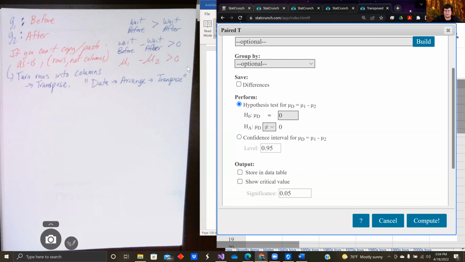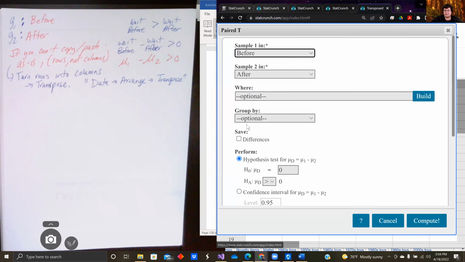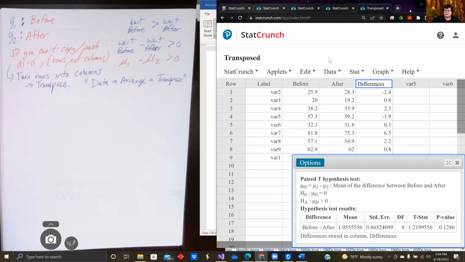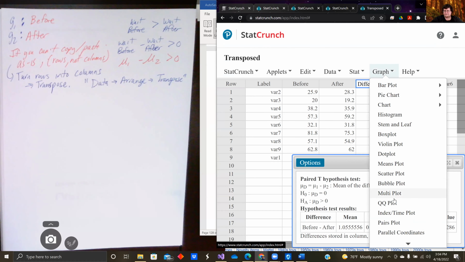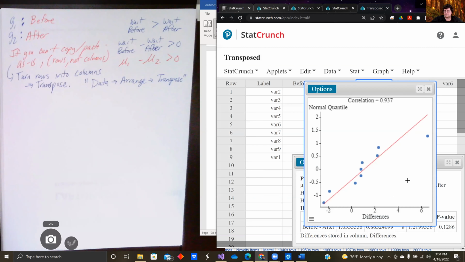And I got mu1 minus mu2 is greater than 0. I'm going to click that now. I'll come back to it though. Oop. Options, edit, save the differences. Okay. So now let's do a graph, QQ plot on the differences. Fairly linear. The correlation value is high. That's a good sign.